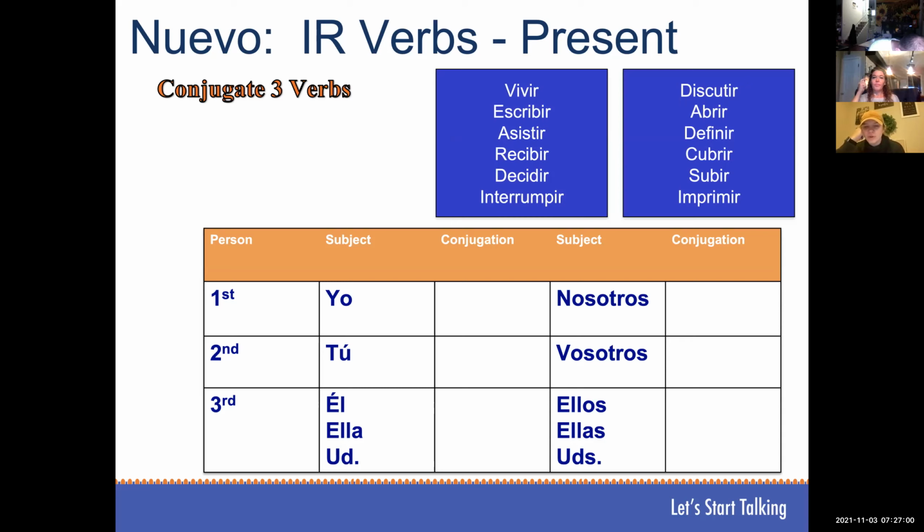Yo discuto, tú discutes, él discute, ella discute, usted discute, nosotros discutimos, ellos discuten, ellas discuten, ustedes discuten. Perfecto. Sky?